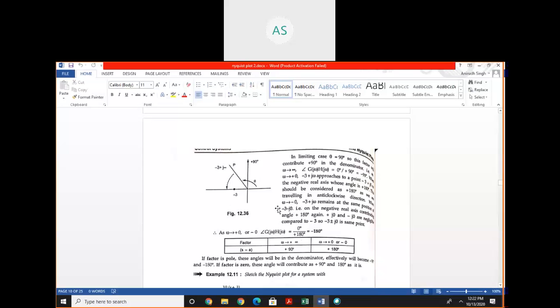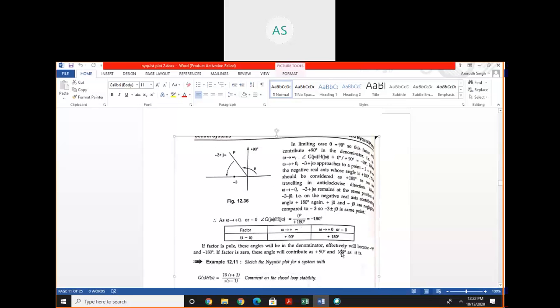So when omega is plus 0 or minus 0, we get this point, and the angle contribution is plus 180. So this factor s minus 1 contributes plus 90 degree when omega tends to infinity, and when omega tends to plus 0 or minus 0, the angle contributed is plus 180 degree in the denominator.